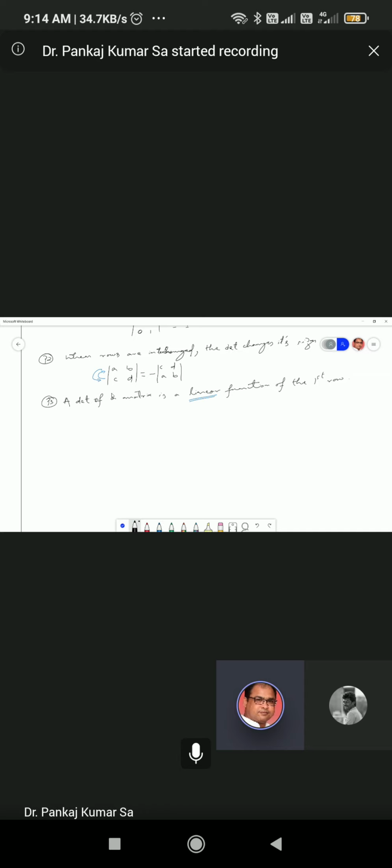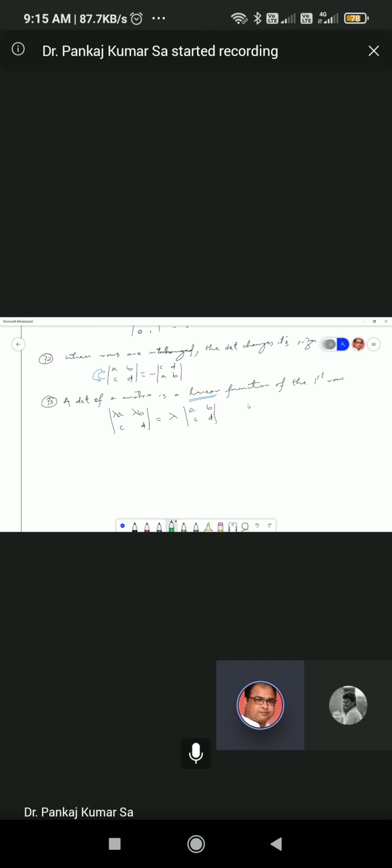So if we have a matrix like A, B, C, D, and I multiply one of the rows with, let us say, lambda, so one of the rows is multiplied with a scalar quantity, this gives lambda times the determinant of A, B, C, D. That is not true in the case of matrices.